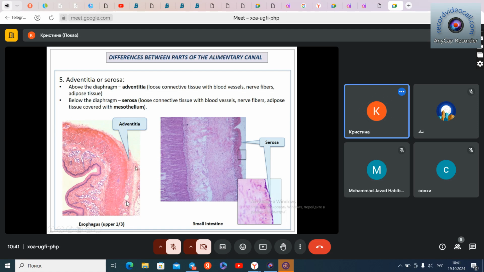In the esophagus, we have the adventitia, and in the area where the esophagus goes through the diaphragm to reach the stomach, it becomes covered with the serosa, like all organs below the diaphragm in the abdominal cavity. So below the diaphragm, the outer layer will be serosa, which includes the mesothelium, simple squamous epithelium, and underlying loose fibrous connective tissue.